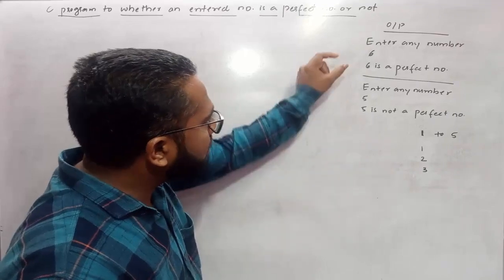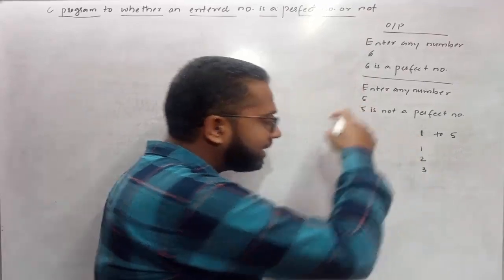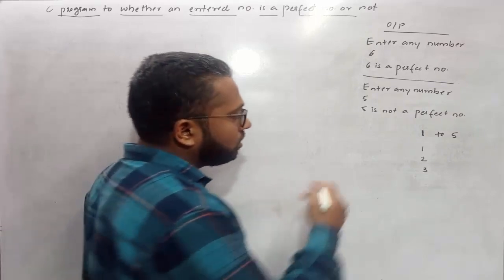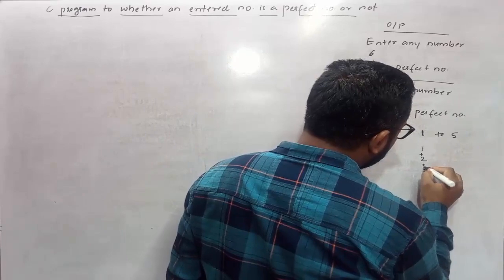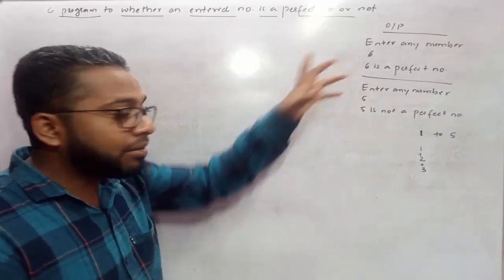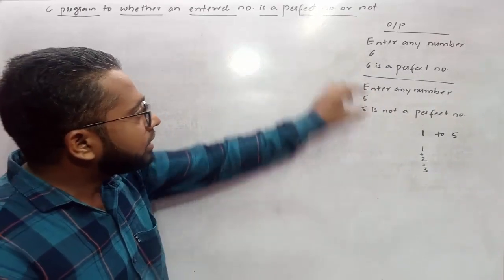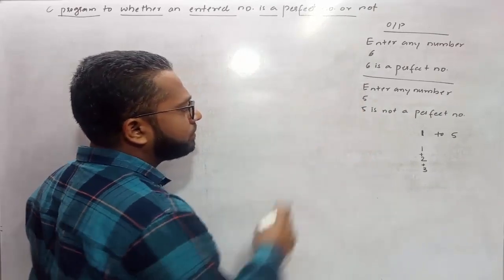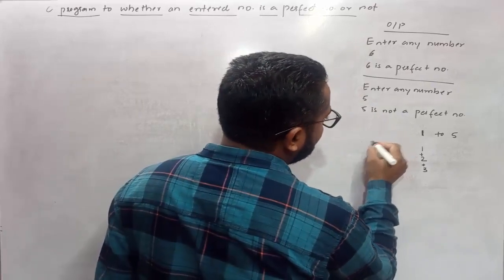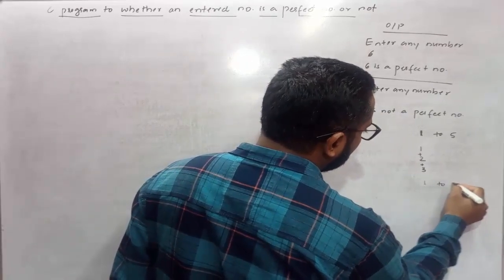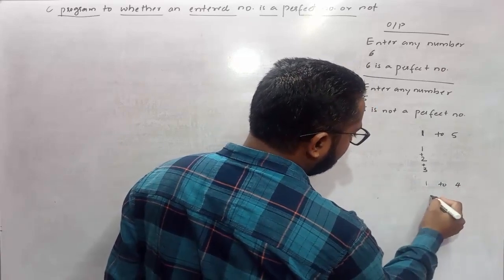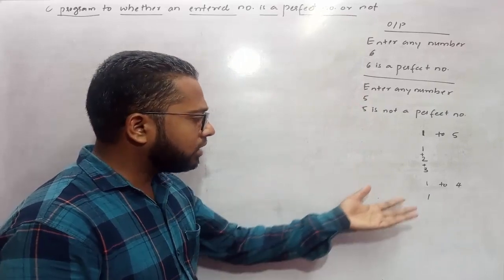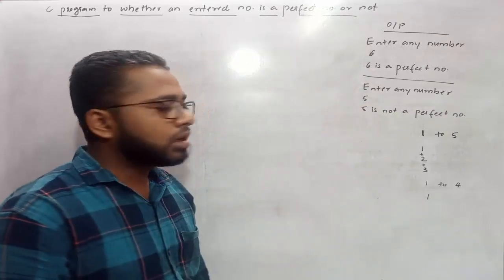So we can divide the number 6 successfully with these 3 numbers, whereas we cannot divide 6 by 4 or 5. Once we add these 3 numbers, we get the same number. That's why 6 is a perfect number. If you take the example of 5, we get the range only from 1 to 4, and we get only one number which divides 5. So obviously we cannot say 5 is a perfect number.